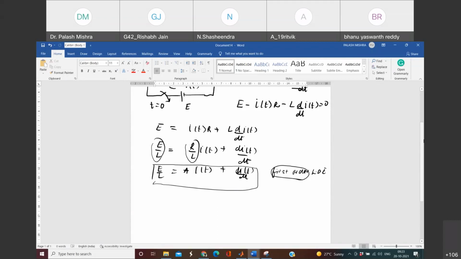If only inductance is there, it is first order. If only capacitance is there, it is also first order. If both L and C are involved, a second order linear differential equation will be formed in your circuit analysis.